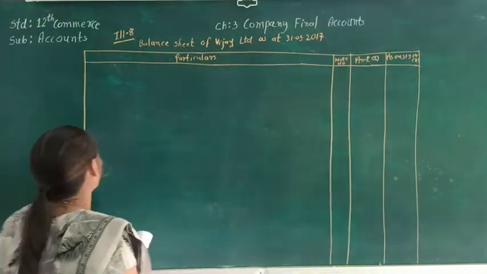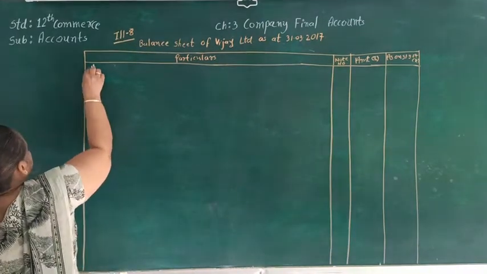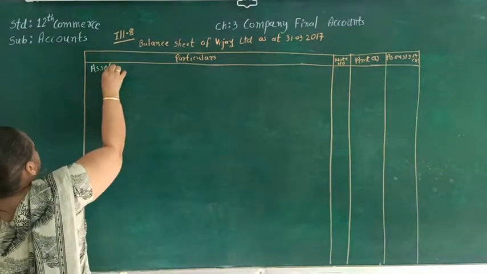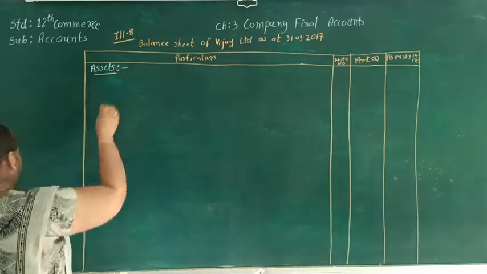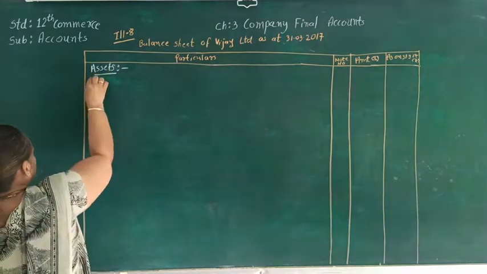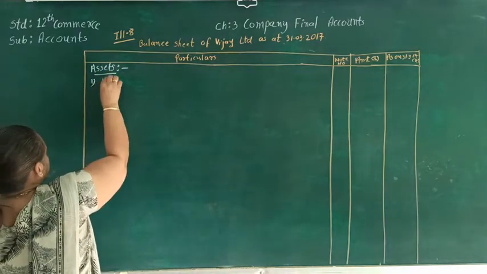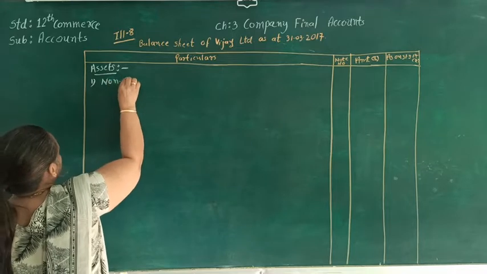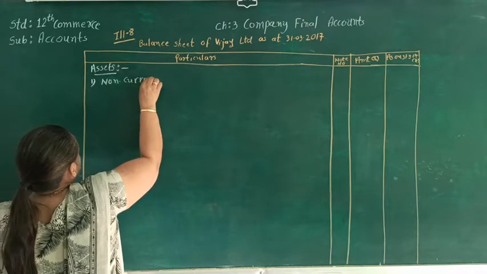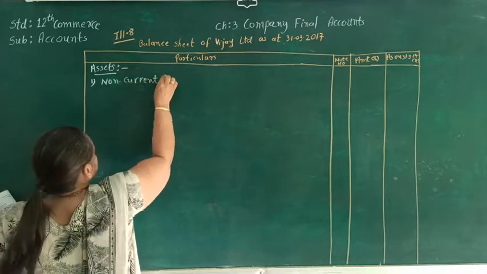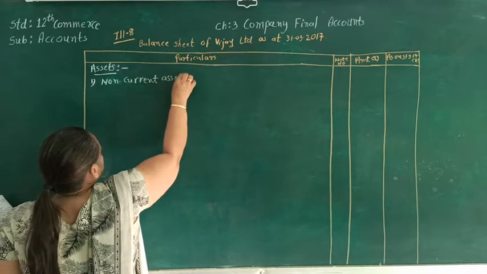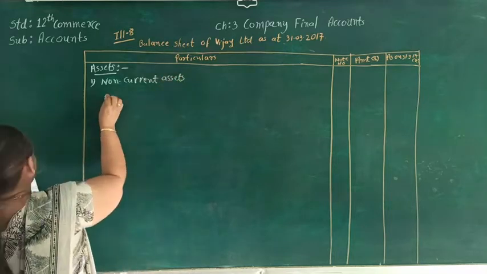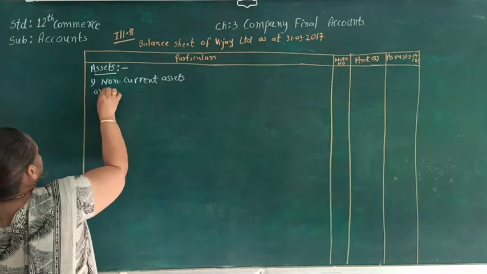So here on the asset side of the balance sheet, very first asset is non-current assets. In that, first one is a fixed asset.